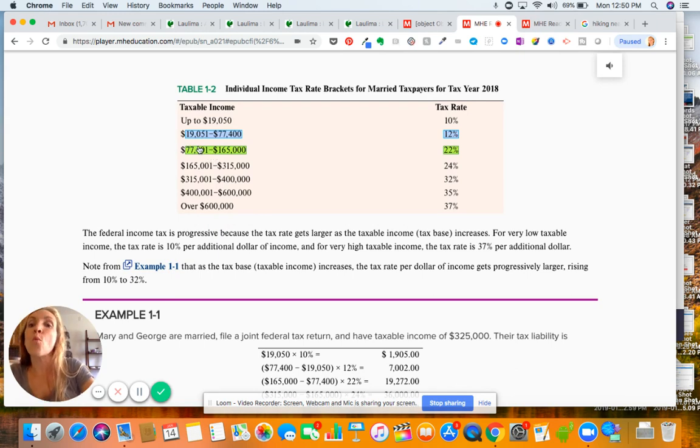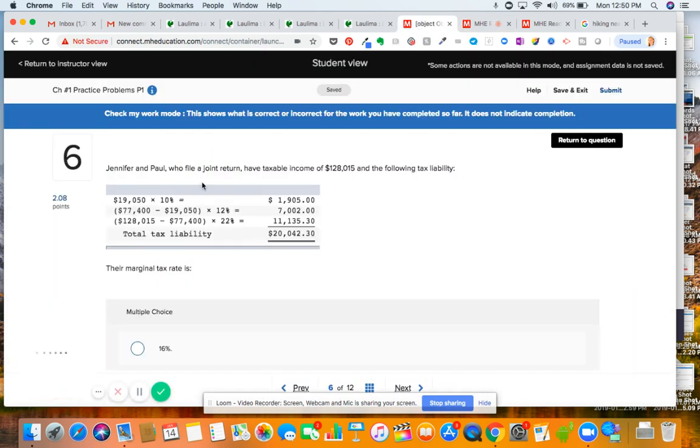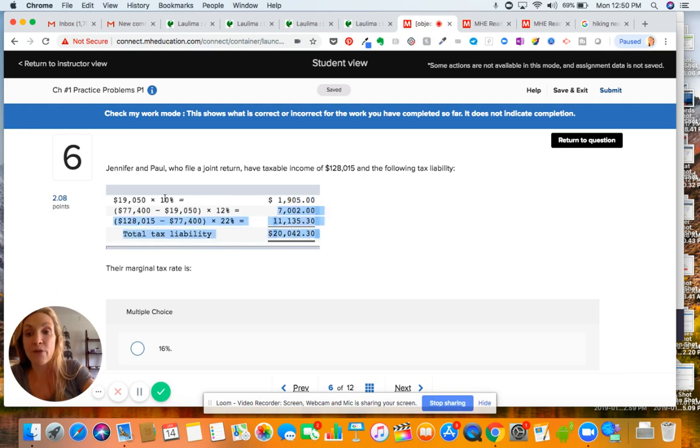So we need to figure out how much we have over $77,401 that needs to be taxed at this 22%. You can see we've got the amount from the first bracket, and the full amount from the second bracket. We just subtracted the end number from the 19,050, because that was accounted for in this first row, and $7,002.